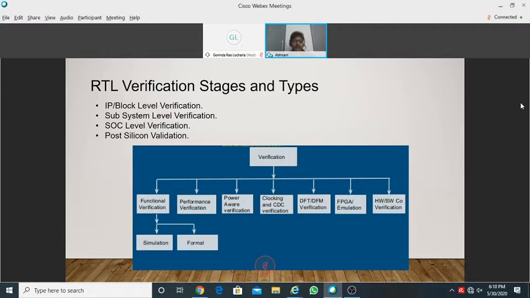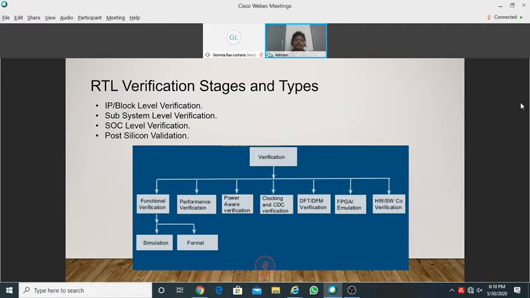And the next one is the power aware verification. Yeah, power aware verification. So now, as I said, we are working towards lower power, which means we need to be power aware.